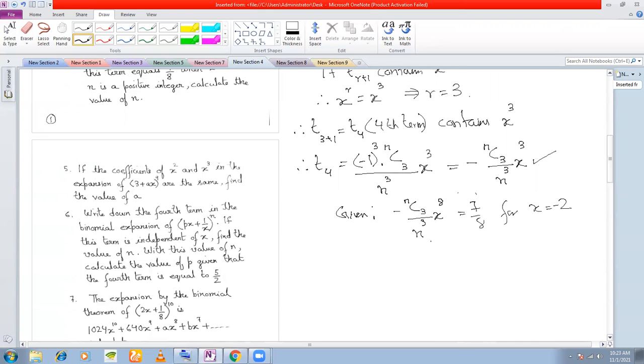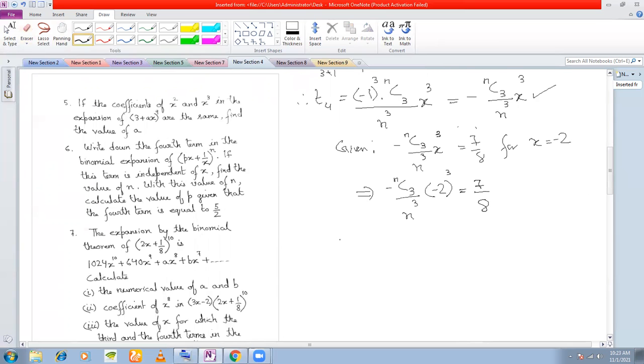So you can put the value of x in the next step: minus nC3 divided by n cube into minus 2 cube is equal to 7 by 8. Now we can simplify this to find the value of n.